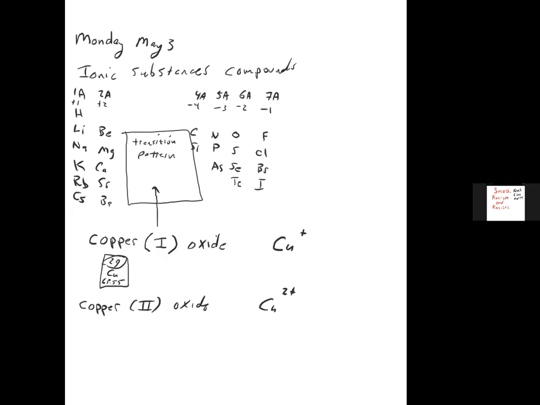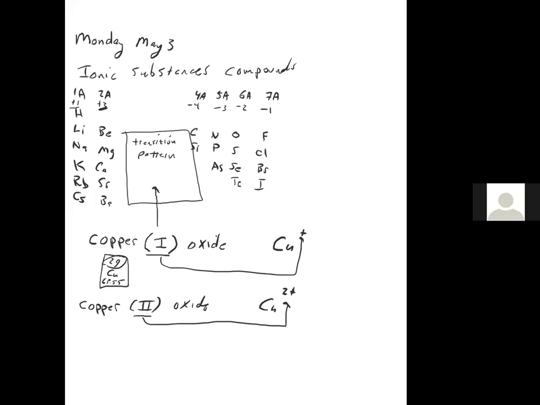So when you see these Roman numerals, those are there to indicate what the charge is. It's called the Stock system, okay? And that's used with the transition metals for the most part. We generally don't use those for the main group elements because we know what their charges are. We generally only use it for the transition metals.